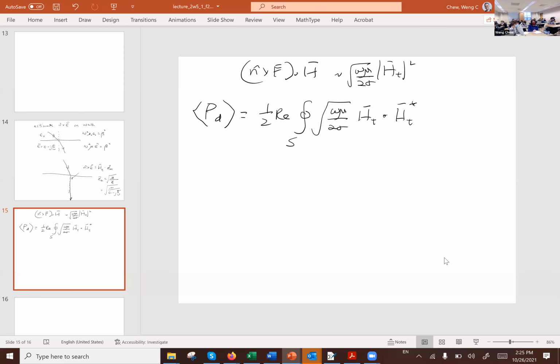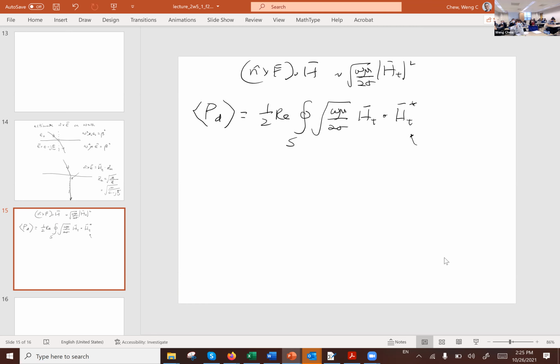So this is essentially the tangential E field dotting with that thing. And you know how to calculate this integral now, because H_T is going to be the H_T of the unperturbed cavity. It is not going to change very much from its original value before you put in loss.